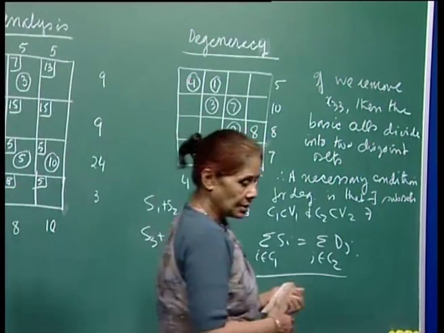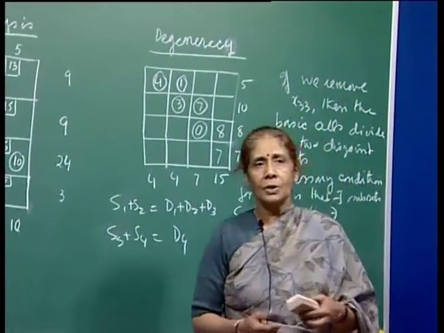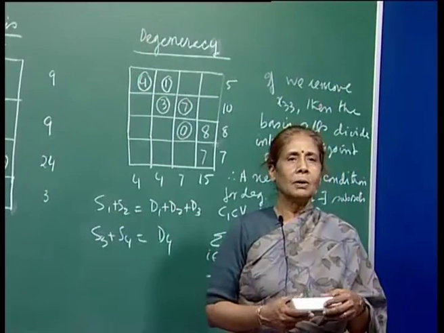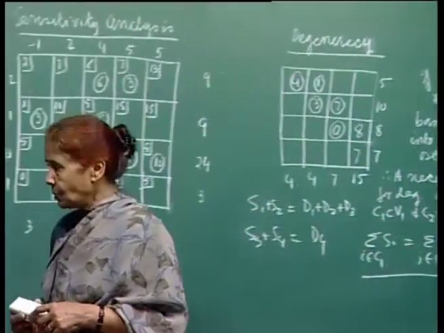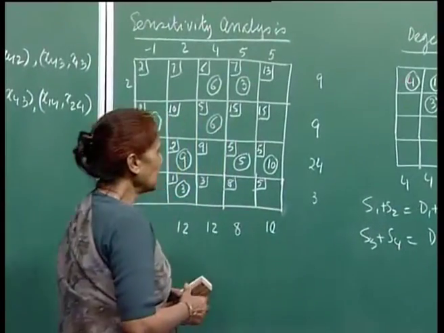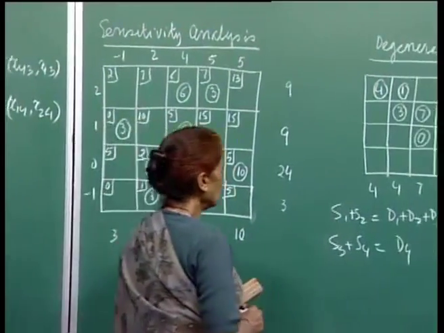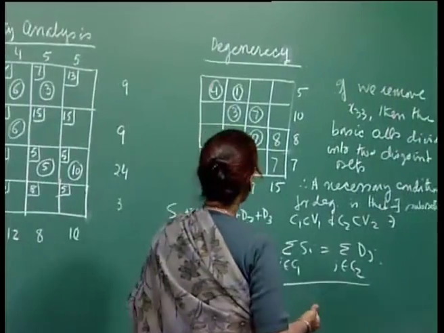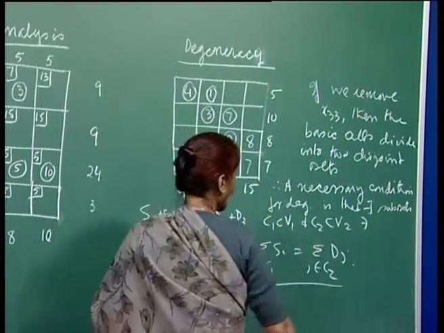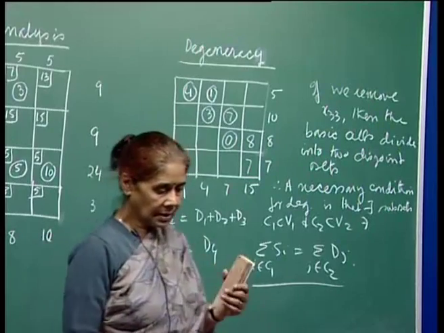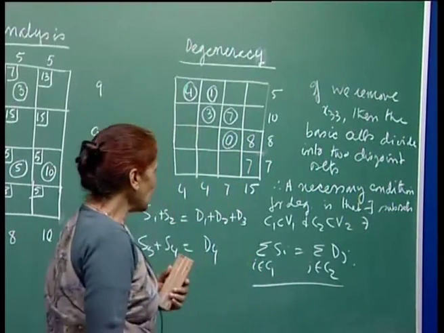Again, the question one can ask, or you should ask, is why not the simple Bland's rule? Yes, Bland's rule can be applied here. The rule would be that you enter the first cell with negative Cij bar, the first one that you encounter.